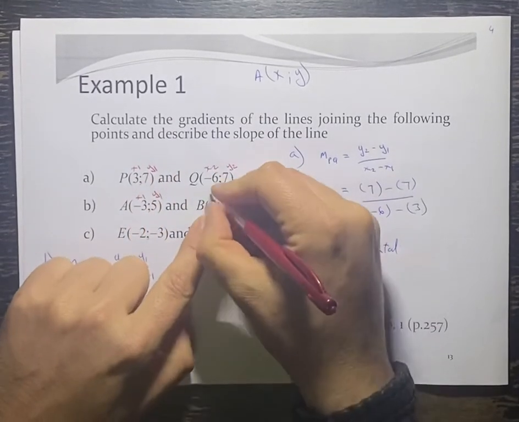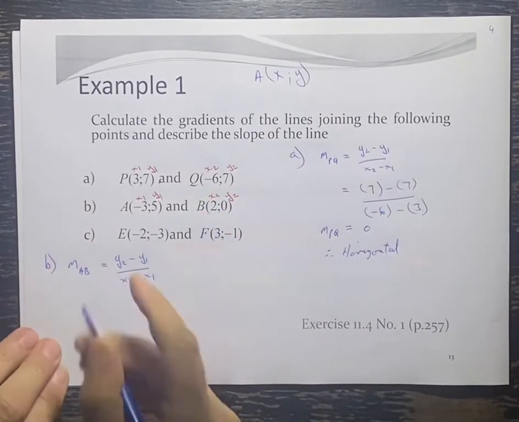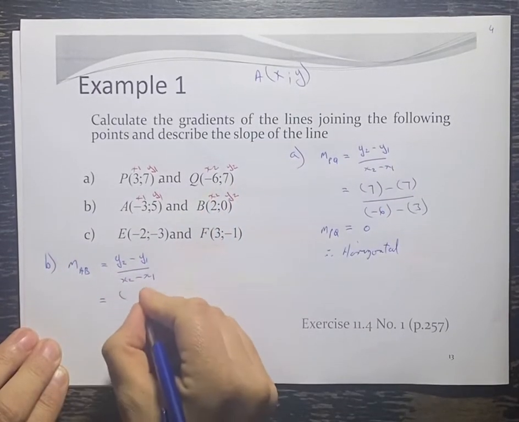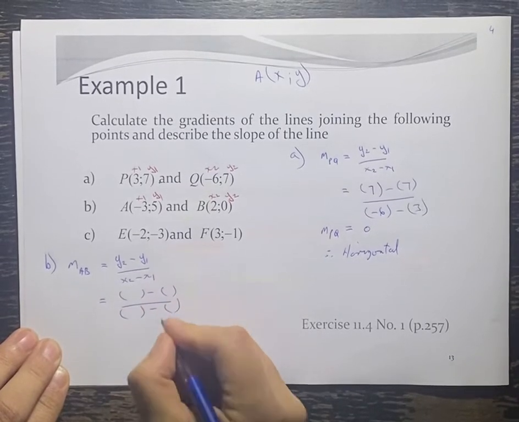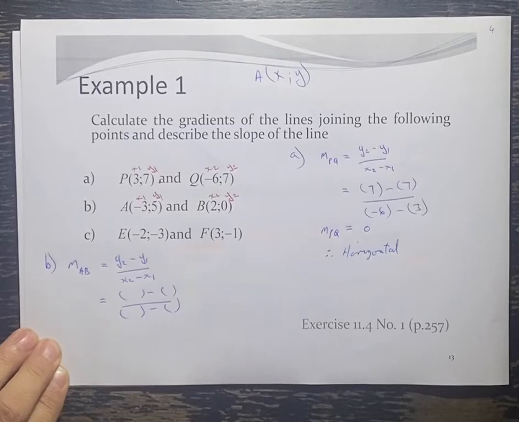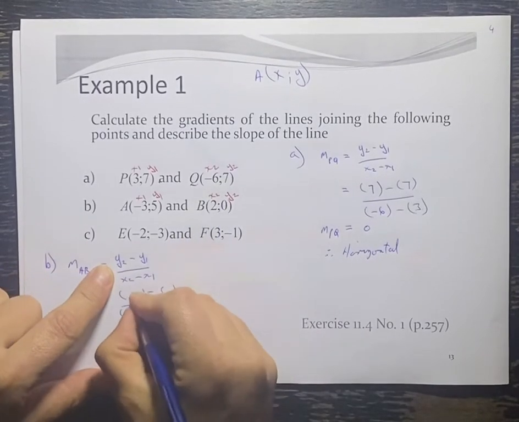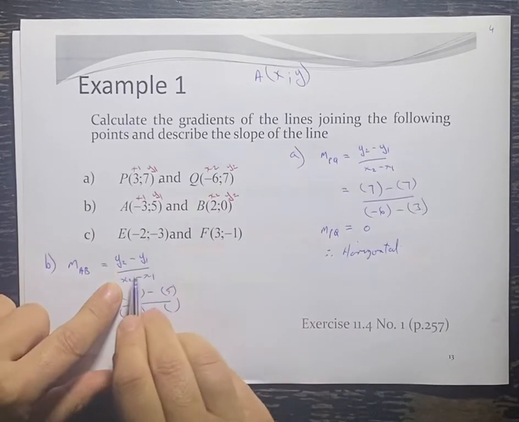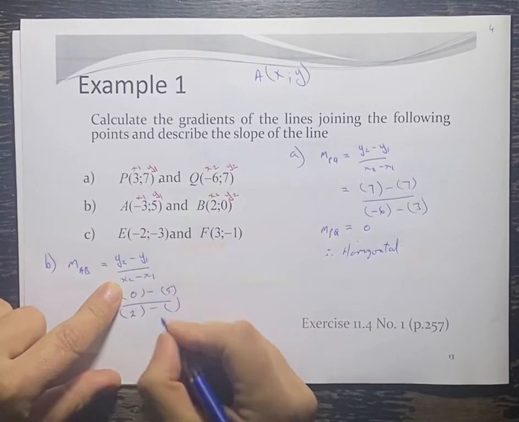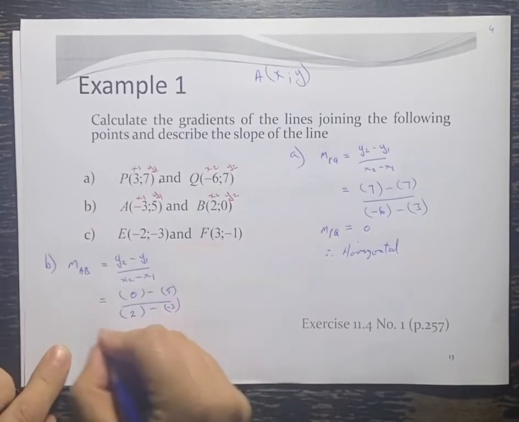Our second point, x2, y2. Also grade 10s, notice how when I substitute, I always use brackets. So our y2 is 0, our y1 is 5, our x2 is 2, and our x1 is minus 3.